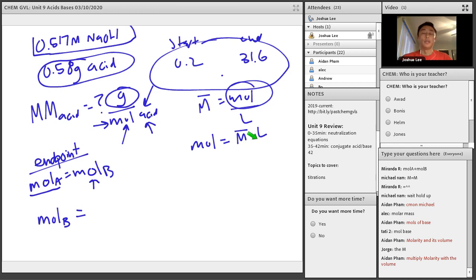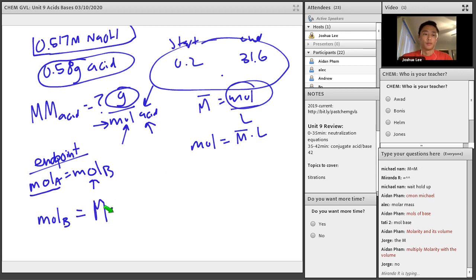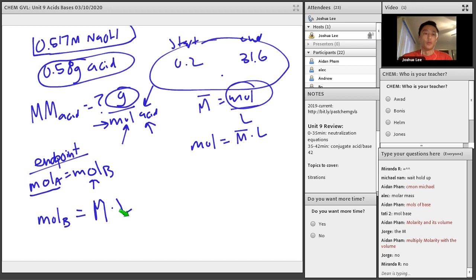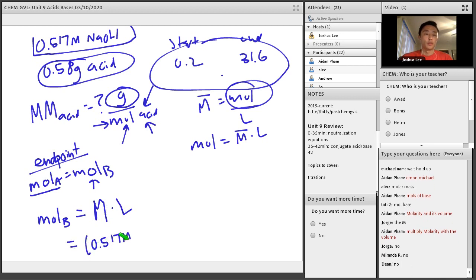Can you use milliliters here? No, so be careful. So 0.517 molar times, in this case, our milliliters would be 31.6 minus 0.2.